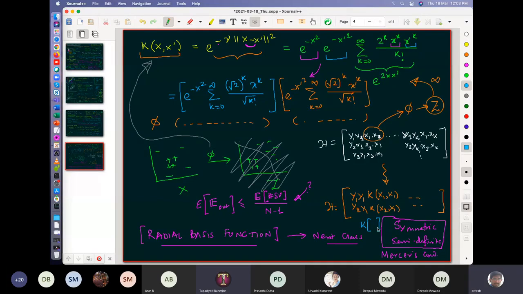Now the good thing is that you only need to calculate a matrix which is symmetric and semi-definite. You do not even have to look into the Z space, where you will go, you do not know. You know that according to Mercer's condition the matrix will give me decompositions of these two sets of points, each a Z-dimensional attribute space.